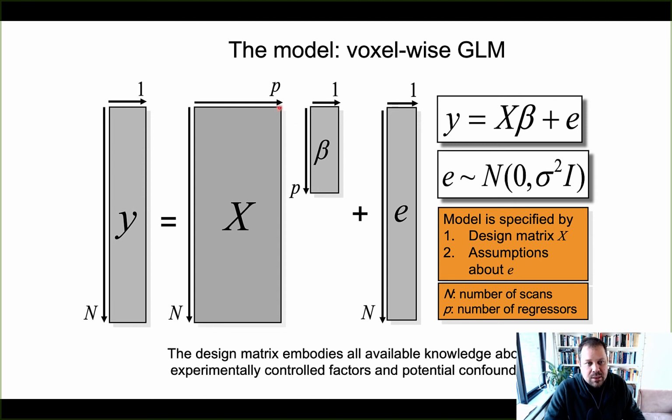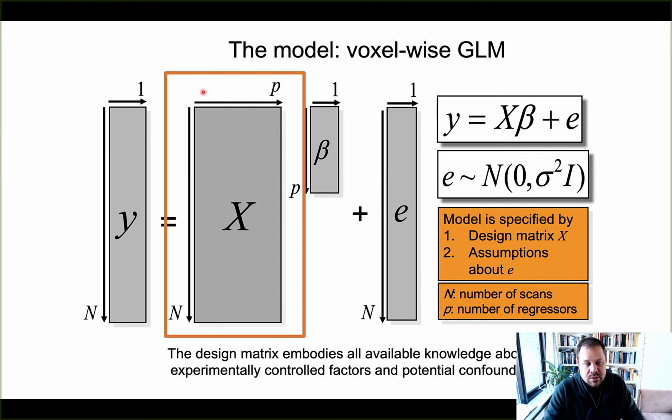And P is the number of regressors that we're interested in, and for each regressor, a beta value is estimated by minimizing the error term in a least squares fashion. And this is eventually what we want to specify. So as the experimenters, we only specify the design matrix, and we obviously record the BOLD response to our experiment.